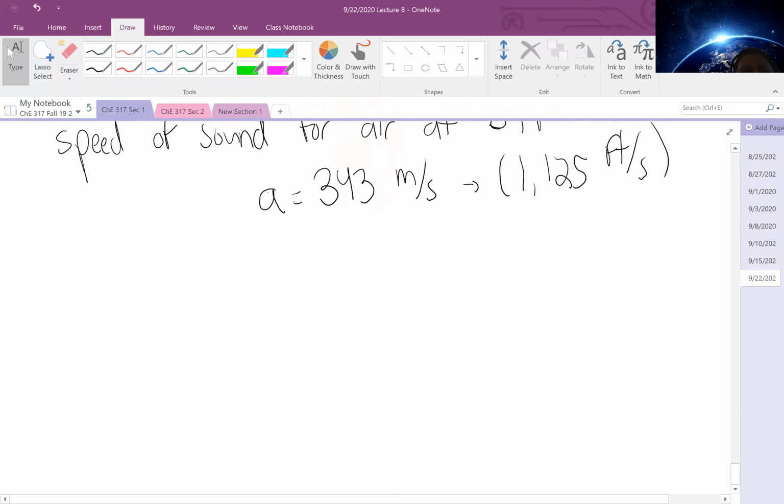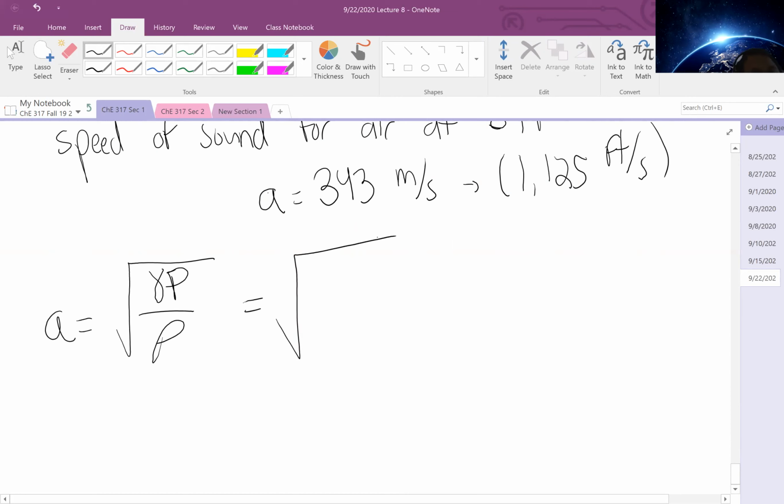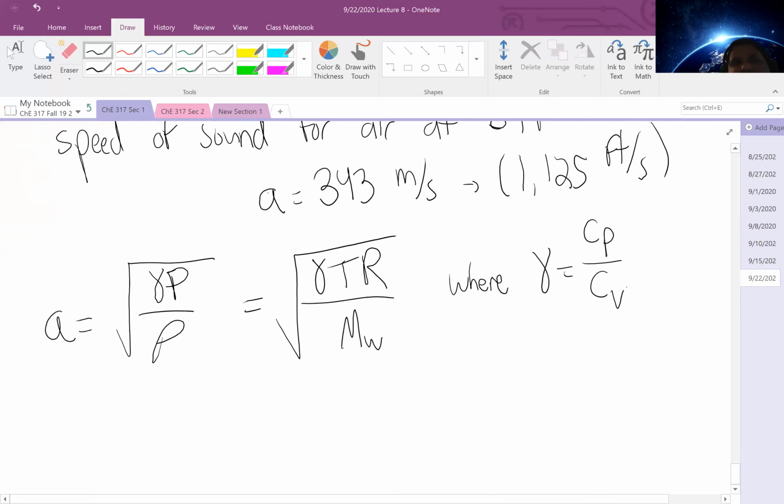And for other fluids and air at other temperatures and pressure, we can calculate a as a function of gamma times the fluid's pressure over its density, or by application of the ideal gas equation, we can quantify it in terms of its temperature and molecular weight as gamma TR over MW, where gamma is a ratio of the fluid's constant pressure heat capacity over its constant volume heat capacity.